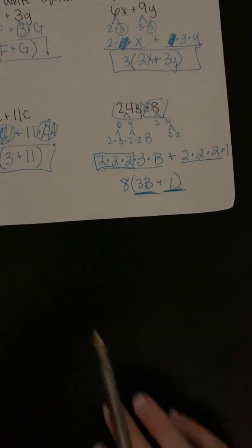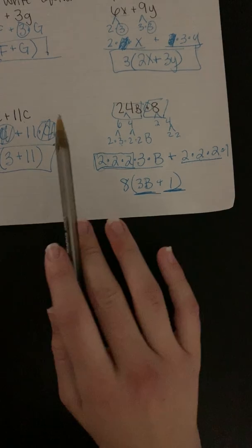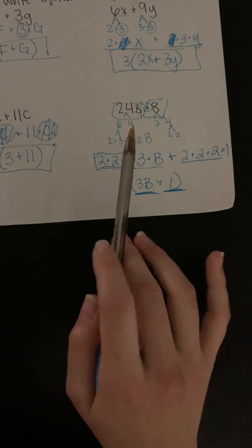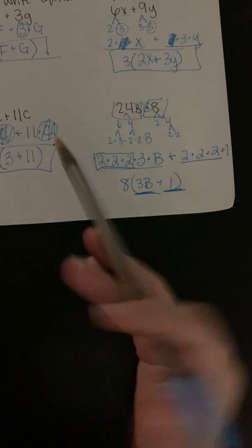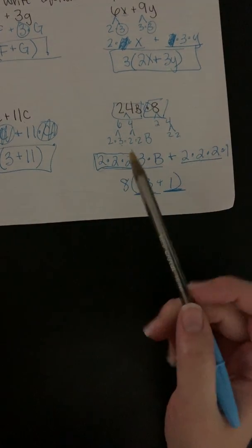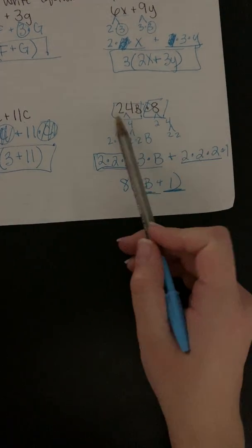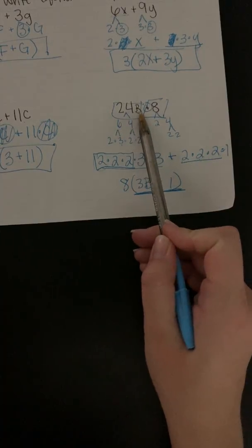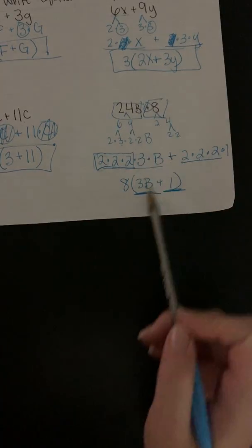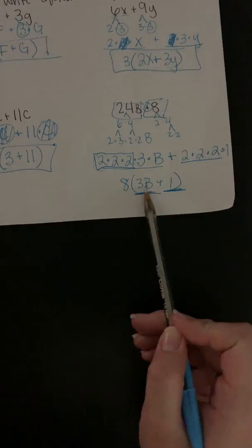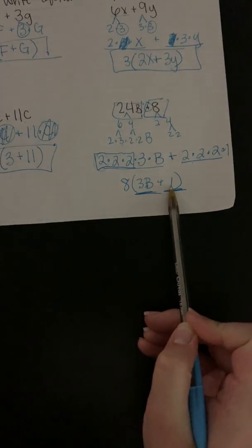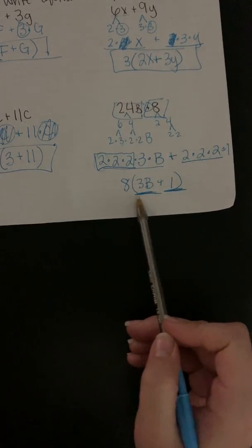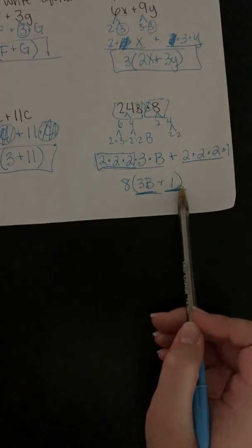And this is related to the first two examples because we saw that we could rewrite the expressions by thinking about groups. So we can either think of 24 times b plus 8 as 8 groups of 3b plus 1, or as 8 groups of the sum of 3b plus 1.